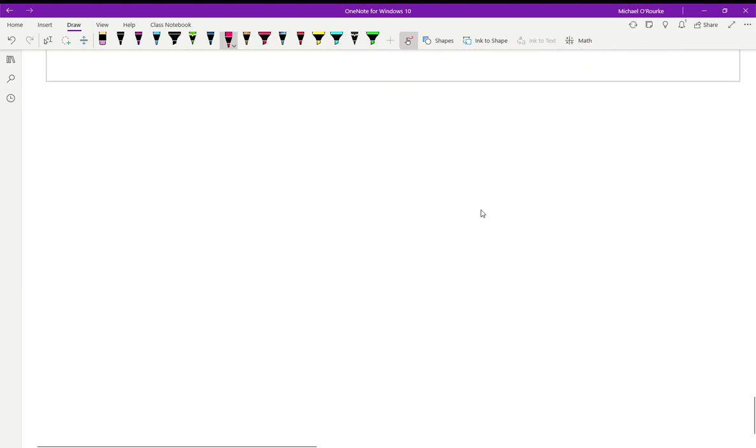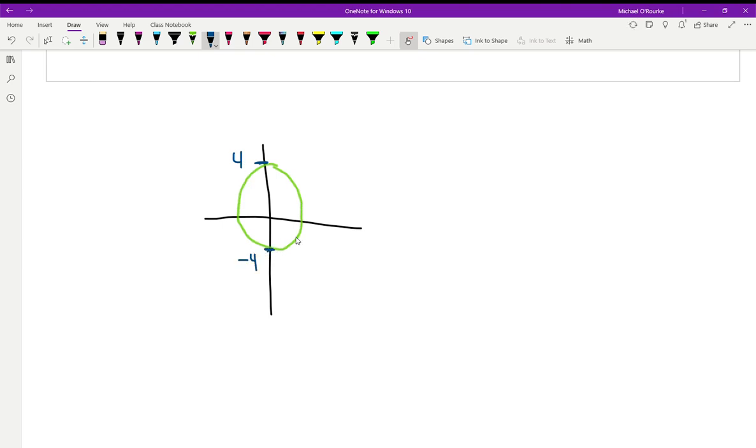Now let me draw another one up here. Let's say we have a circle, a perfect circle just as I wrote here. And it goes up to 4, goes down to -4, goes here to 3, well it should be 4 I guess, since it's a perfect circle. So if we're thinking about domain, oh, that should be a negative.